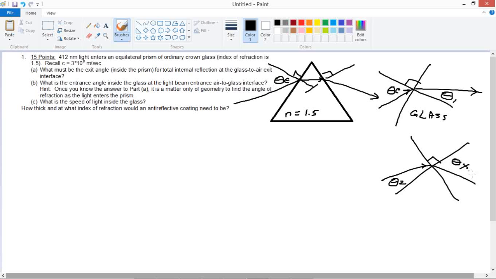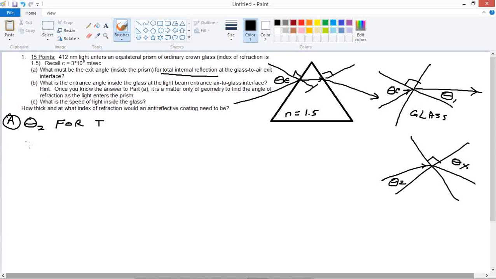So we want to know what theta 2 is. Part A is asking, what does theta 2 have to be for total internal reflection? I'll underline it, total internal reflection. Well, that's kind of easy. We're presuming the outside is air, so the index of refraction outside is 1.